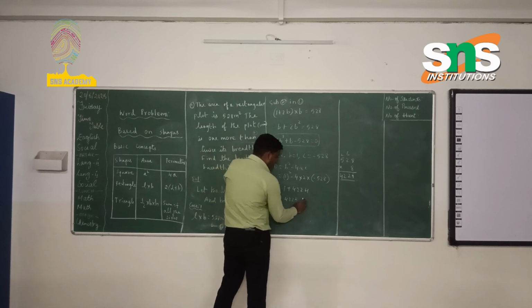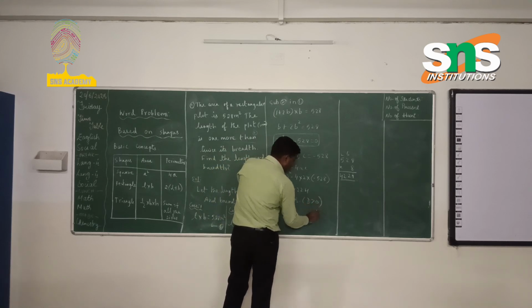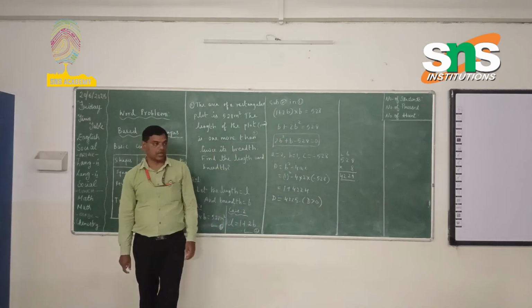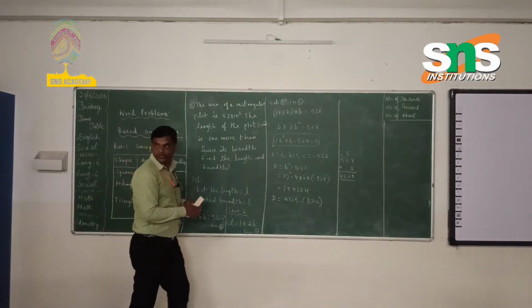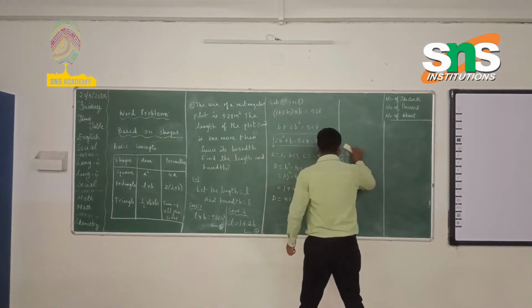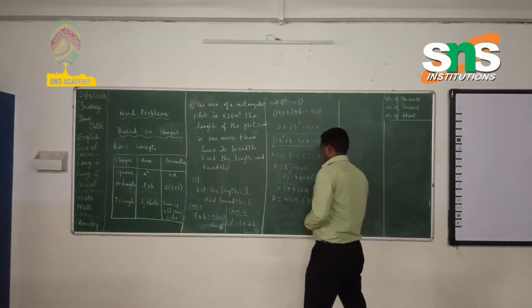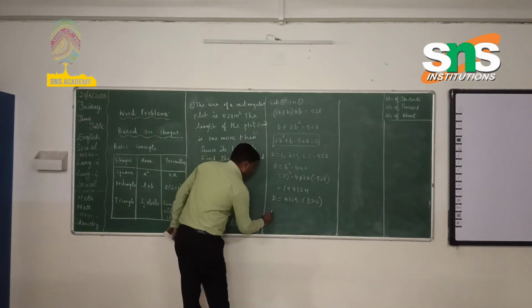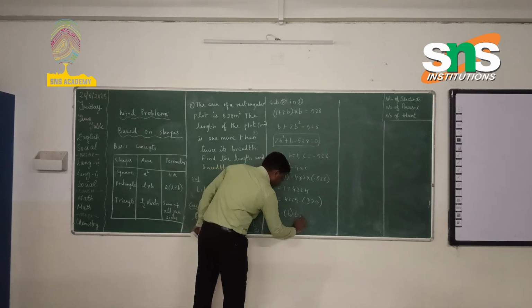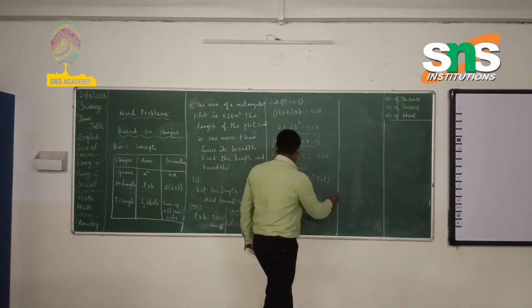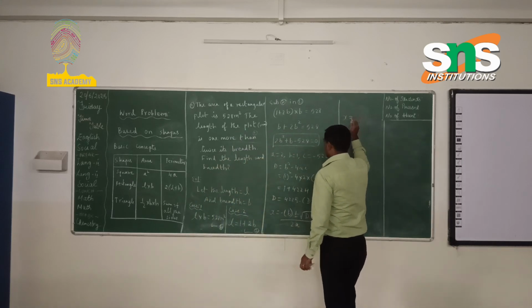So therefore D is greater than 0. We'll get two different real roots. So therefore x is equal to minus b plus or minus root of D, divided by 2a. What is the b value?